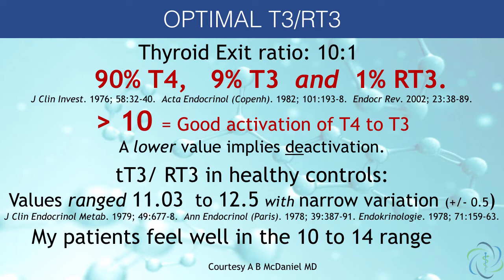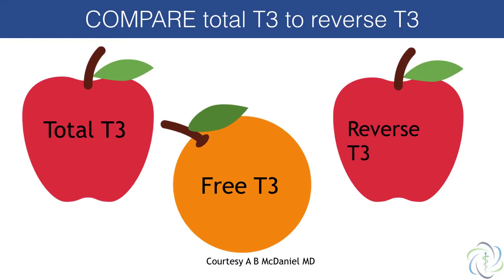If this ratio is below 10, it implies that the T4 is not being activated, but instead is being deactivated into reverse T3. The ratio in healthy controls tends to be between 11 and 12.5. Our patients seem to do very well when the ratio is about 10 to 14. That's based on years of clinical practice.